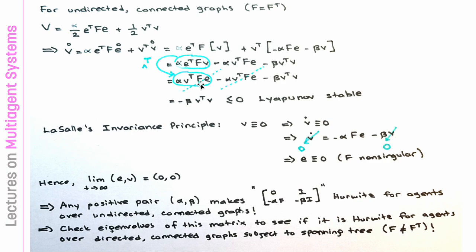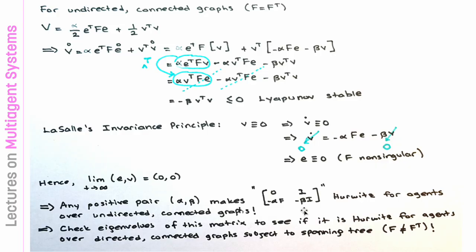So, I mentioned that you need to check whether this matrix is Hurwitz or not. This is very important: if you are dealing with undirected and connected graphs, just use any positive alpha and beta and tweak them to improve performance, because any alpha and beta will make this matrix Hurwitz for agents over undirected connected graphs. This is not the case for directed graphs.